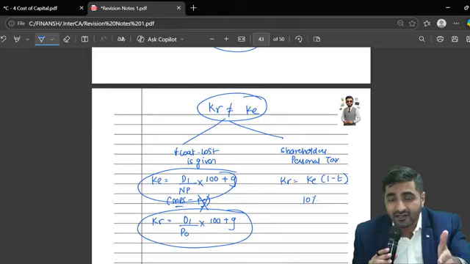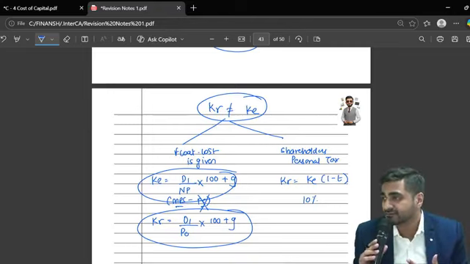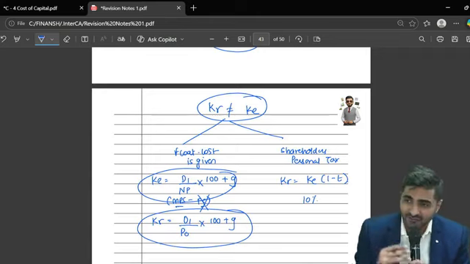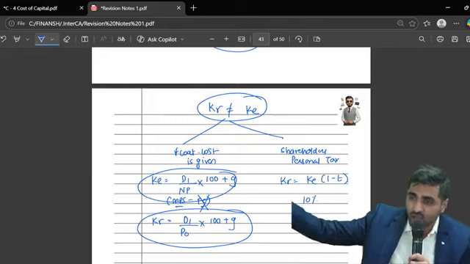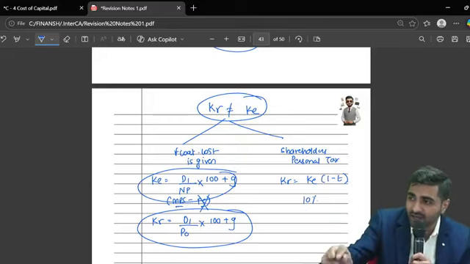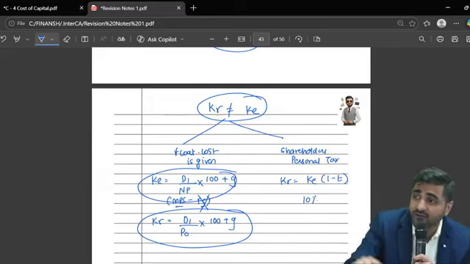Don't you think that tax has to be subtracted while calculating KR? For example, if I give you 100 rupees, you will invest it somewhere else and earn 10% on it, so 10 rupees. But on that 10 rupees, you will pay tax to the government.